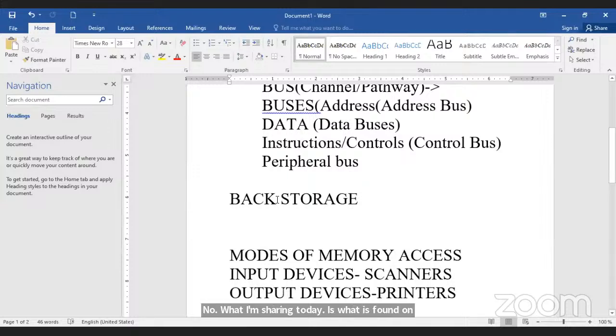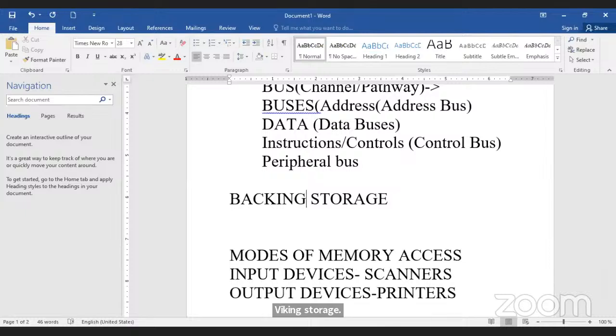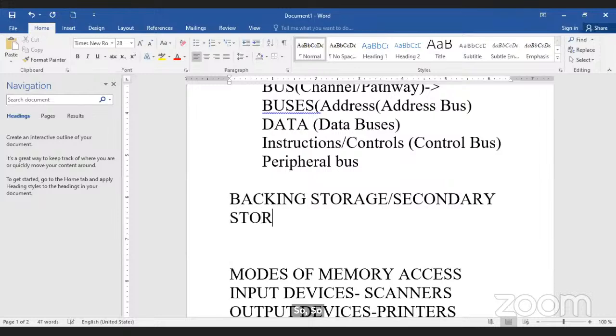So let us have a look at backing storage. As the word itself says, backing, or maybe you can rather say backup. Backing storage, we usually call it secondary storage, or some call it auxiliary storage.